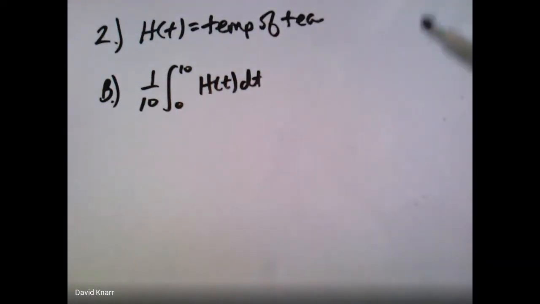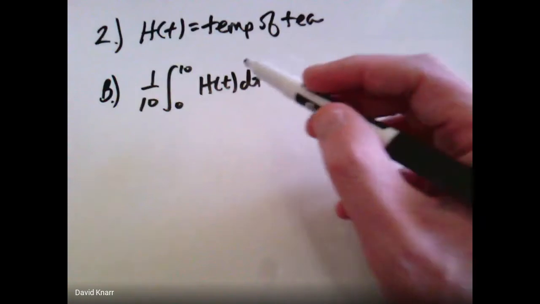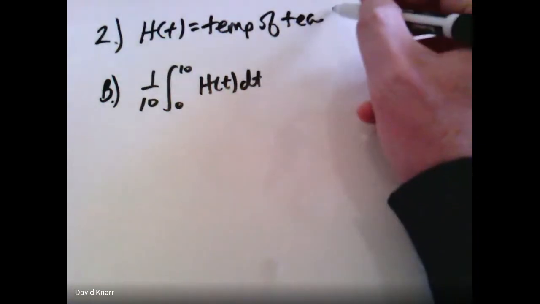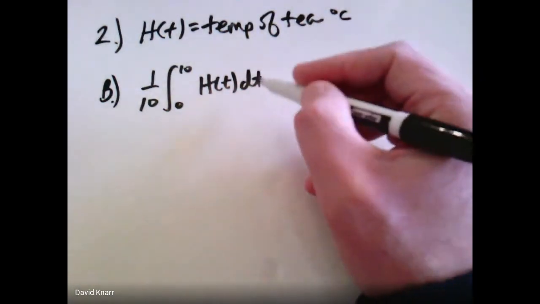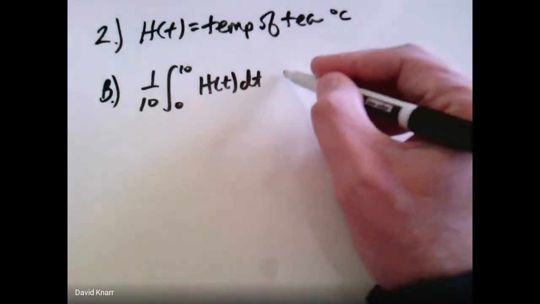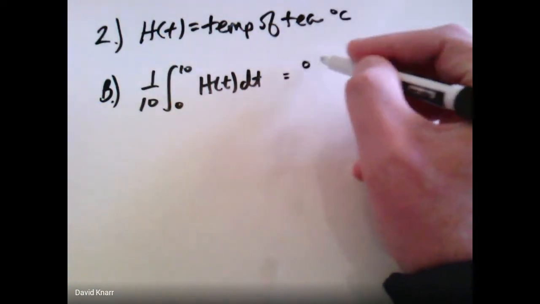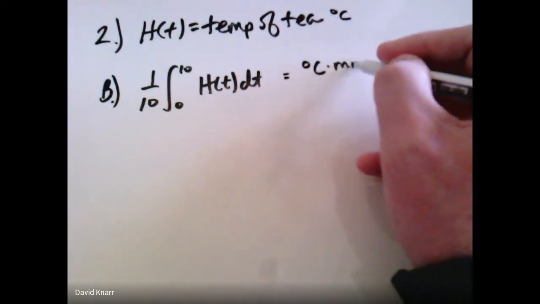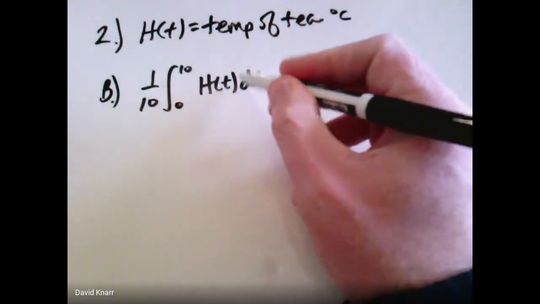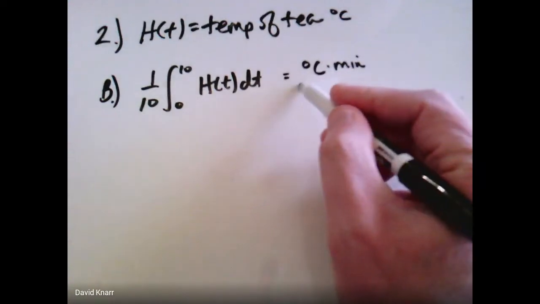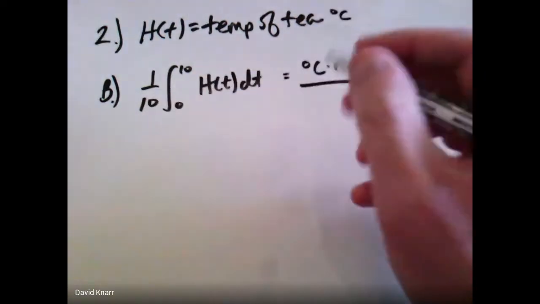All right, so let's explain it first. So we talked about this earlier in the course, that if you integrate H of t, and H of t is in degrees Celsius, you'll get an answer in units of degrees Celsius times minutes, because the time is measured in minutes.